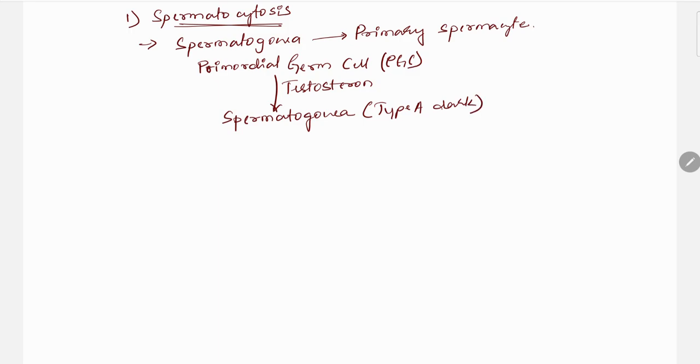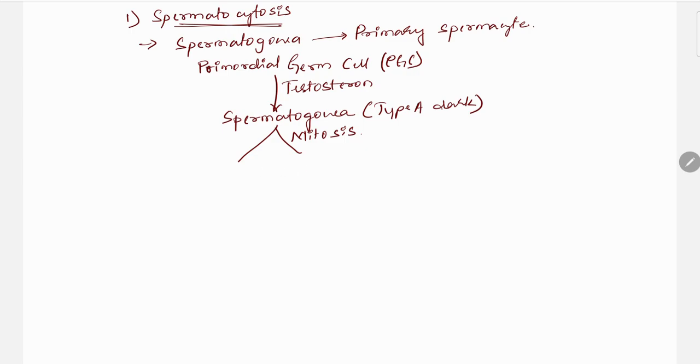Type A dark variety of spermatogonia will again undergo mitosis. This spermatocytosis always has a mitosis process. When mitosis happens, two cells are formed. What will happen? Spermatogonia type A pale is going to form.